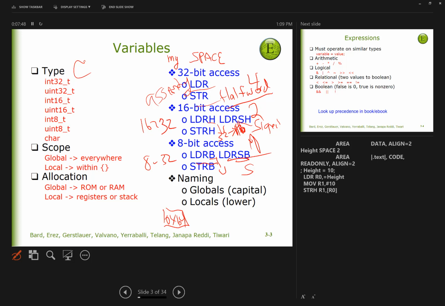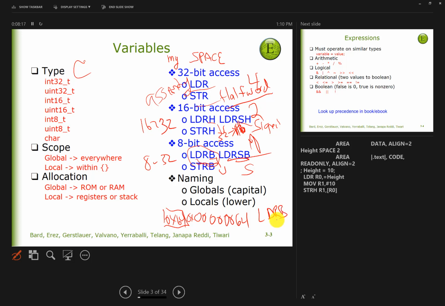When I do an LDRB, assuming it's unsigned, that 64 is bumped up to 00000064.